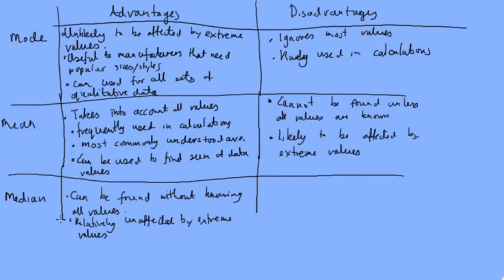So the median would be a good way of talking about your average income in an area. Disadvantages: it only takes account of the order of the values, so it ignores most of them.